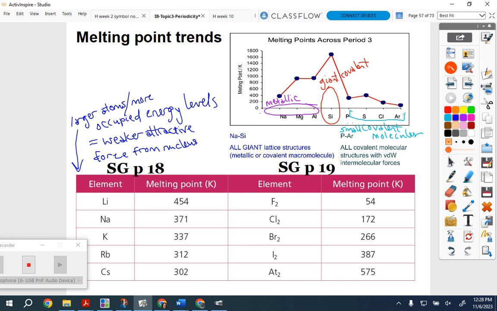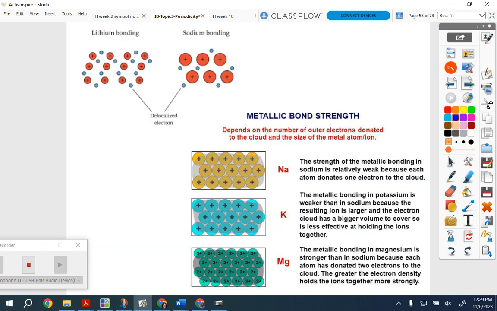Okay. So the larger the atom, the more occupied energy levels we have, a weaker attractive force. It takes less energy to separate those positive ions from each other and have them still be able to flow as a liquid. Now, we also, did I put this in here? Yeah, I did. Okay.